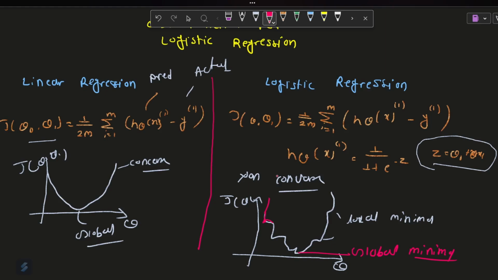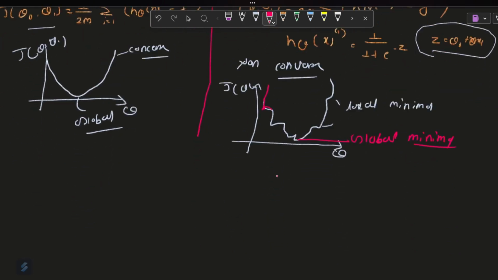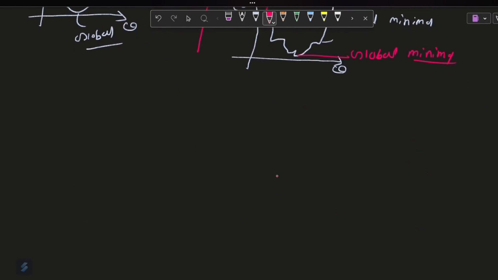Okay. So what happens when you denote it? Come here and understand one more concept. Let's denote the cost function. Sorry for the mistake.